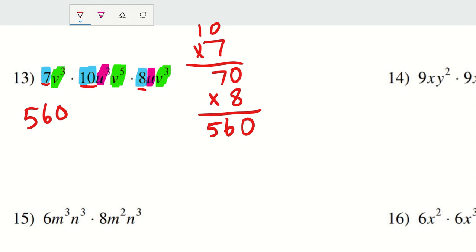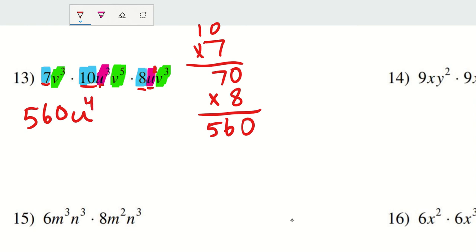Of course, whenever we work out the letters, I need to multiply the v's with the v's and the u's with the u's. Now, which one comes first? Remember, in math, we always try to follow alphabetical order. So in this case, the u comes first. So let me work with the u's first. We have u to the 3rd power times u to the 1 power. 3 plus 1 is 4, so I add the exponents.